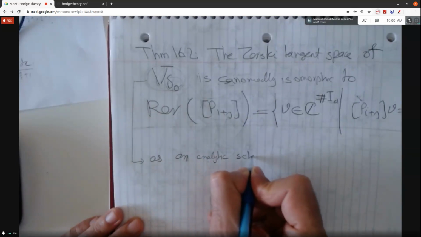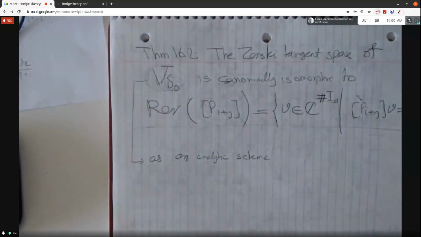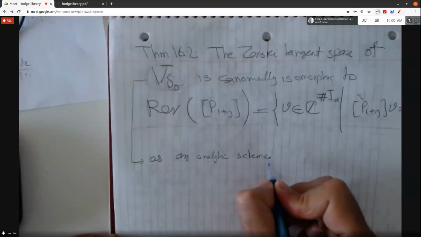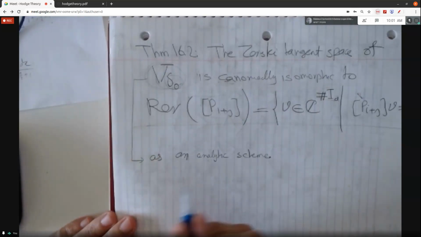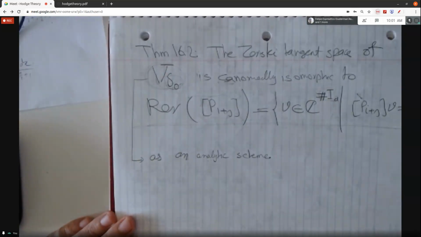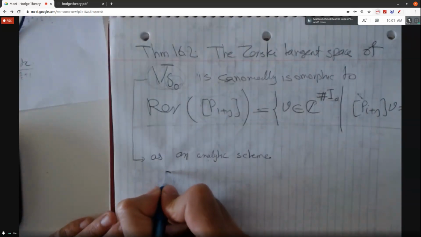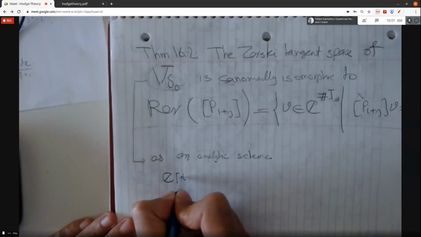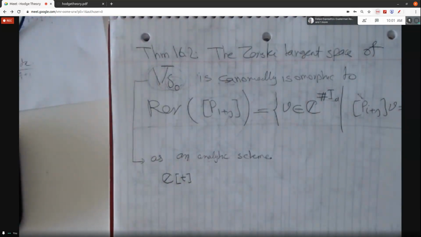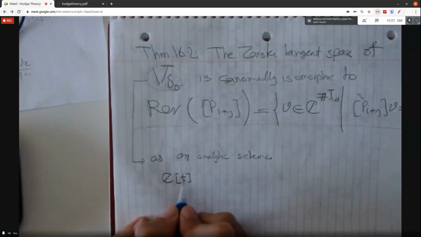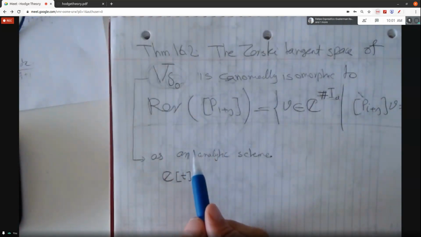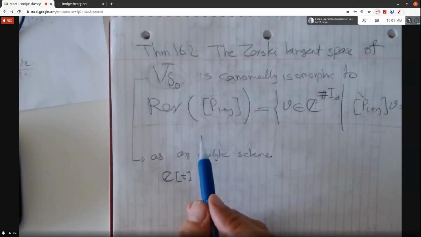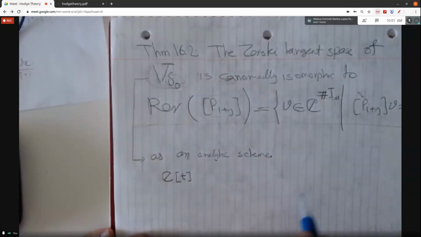Take a scheme. Okay, maybe let me give some examples. Let's say that the Zariski tangent space of the variety, as the usual variety, and of the scheme might be different.